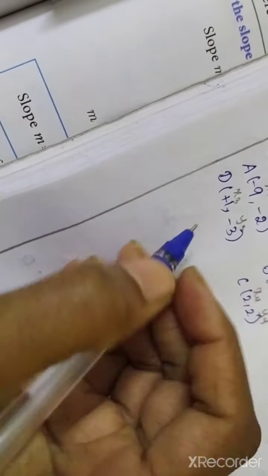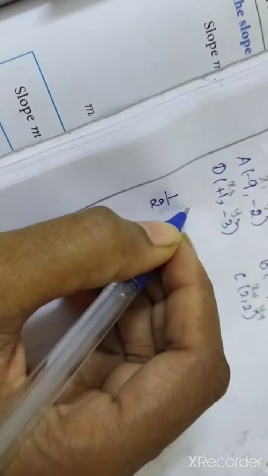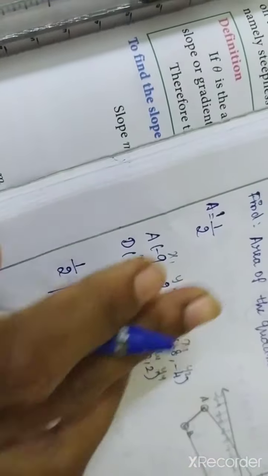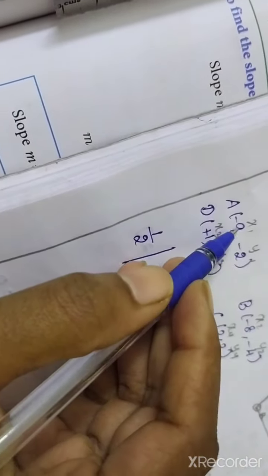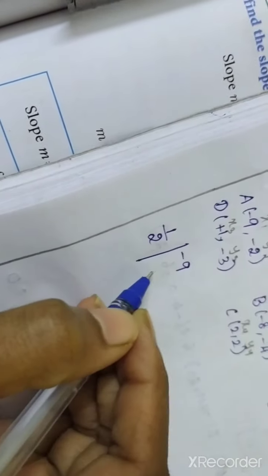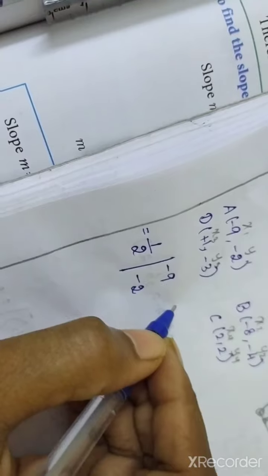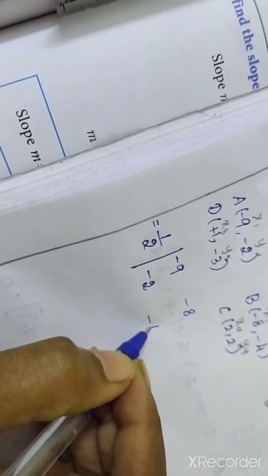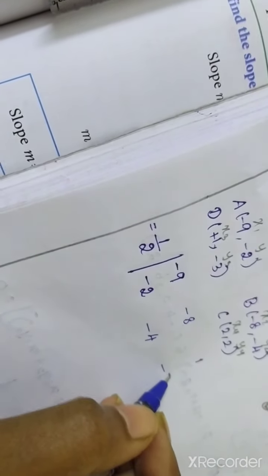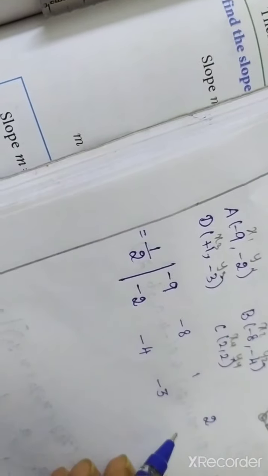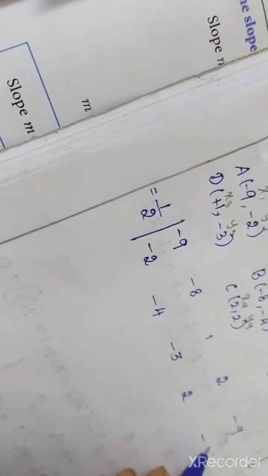For my convenience I am writing 1 by 2, same. After the dot, you write your formula if you are confused. So minus 9, minus 2, then minus 8, minus 4, minus 1, minus 3, 2 and 2. What's the last? Minus 9, minus 2.